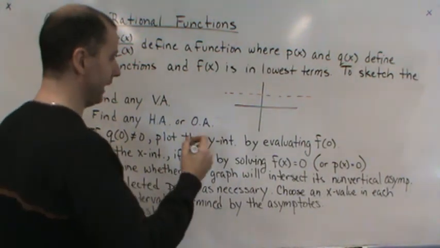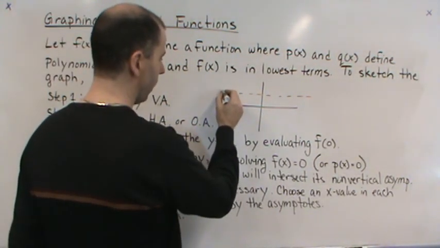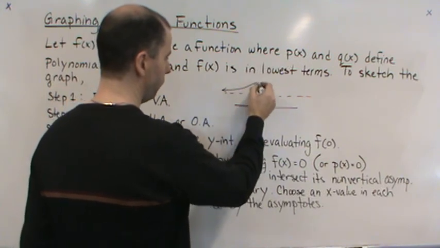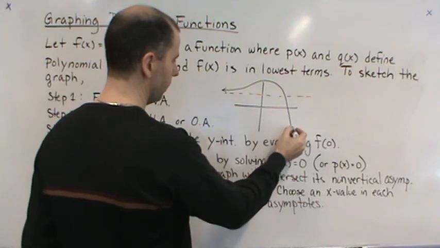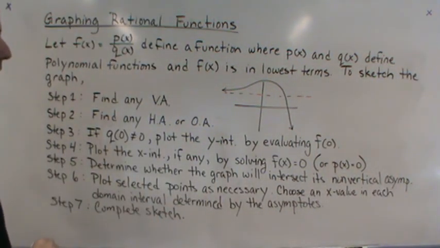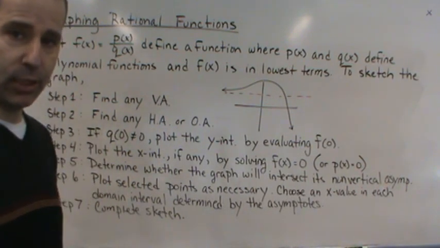It may not cross on one end, but it may cross on the other end. So, non-vertical asymptotes may be crossed.